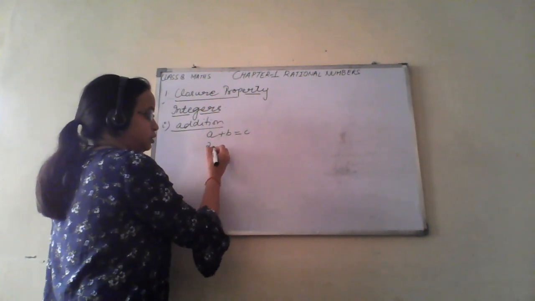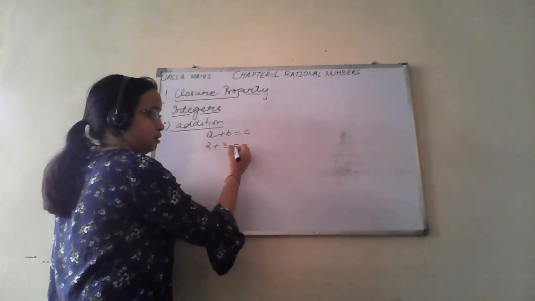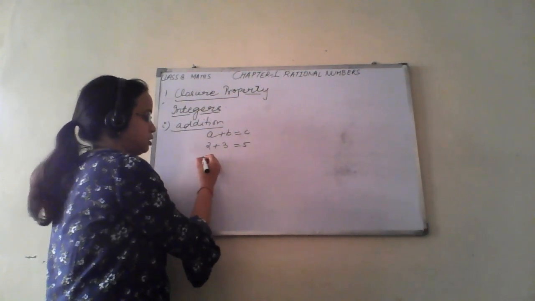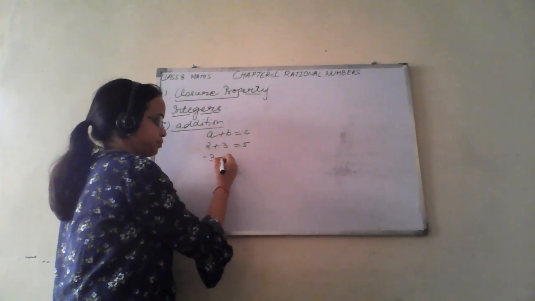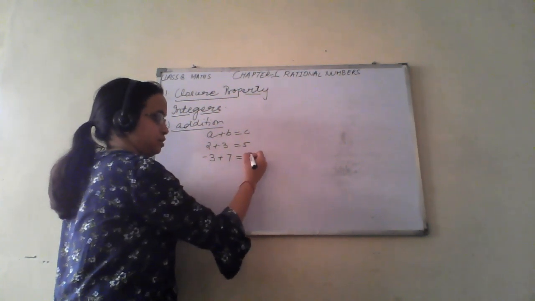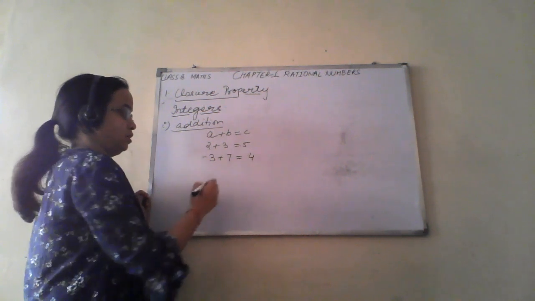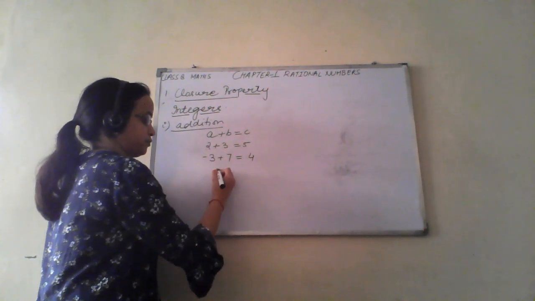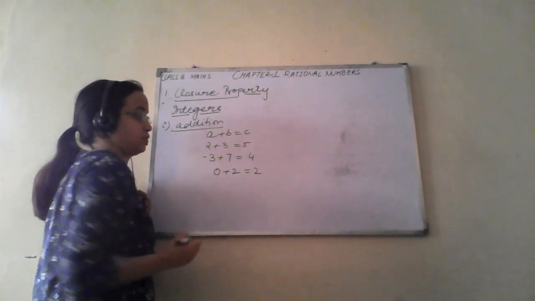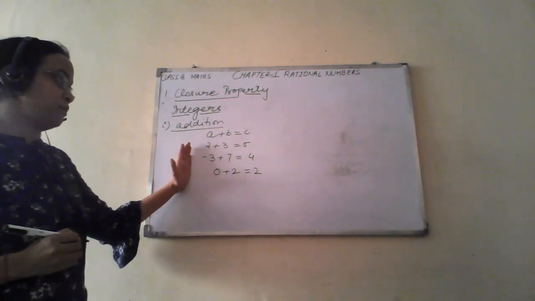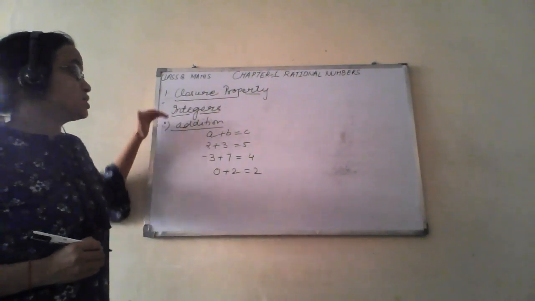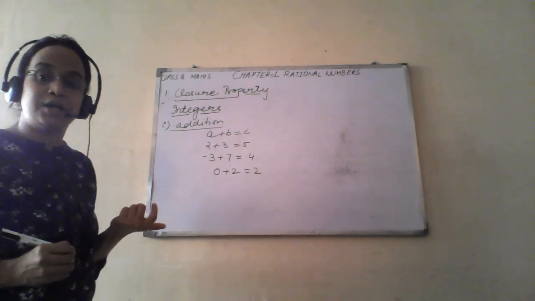2 plus 3, 5. Both are integers. Minus 3 plus 7, 4. From these examples, it is concluded that integers are closed under addition.